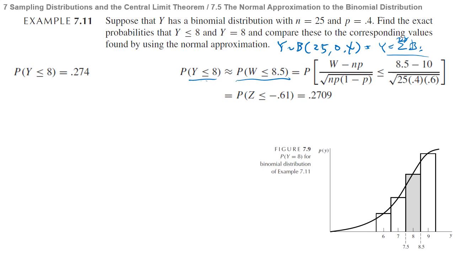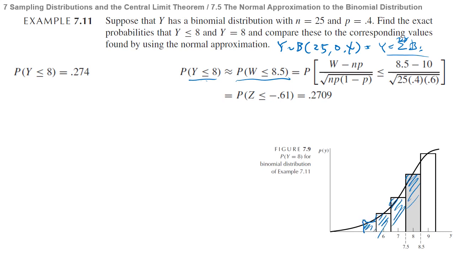And actually this W is an approximation of Y. So in figure 7.9, the rectangular bars are densities from the binomial distribution, and the probability of Y less than or equal to 8 is the sum of these rectangles.